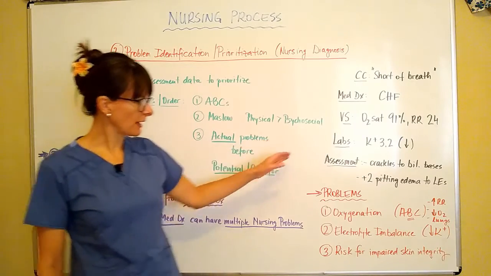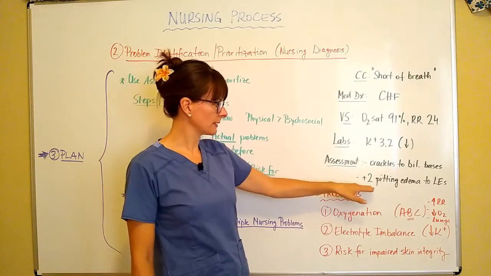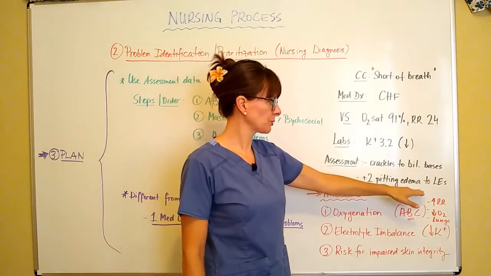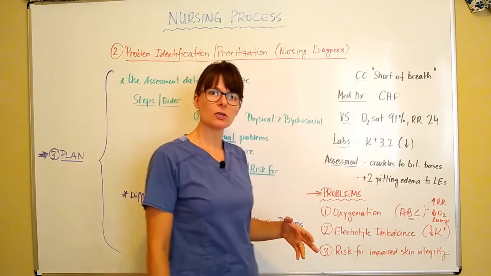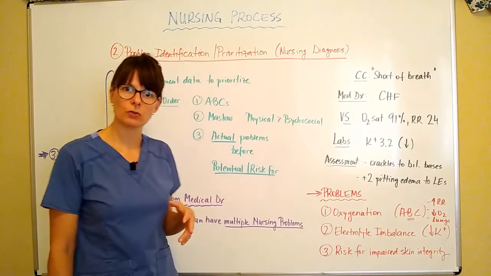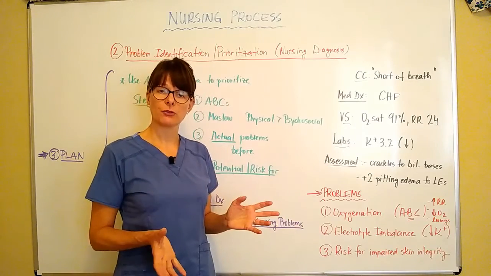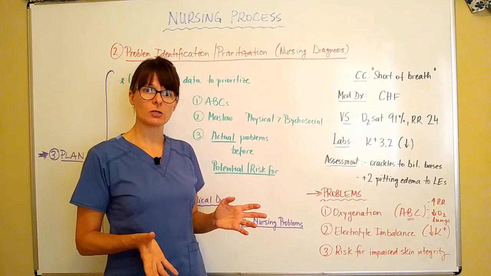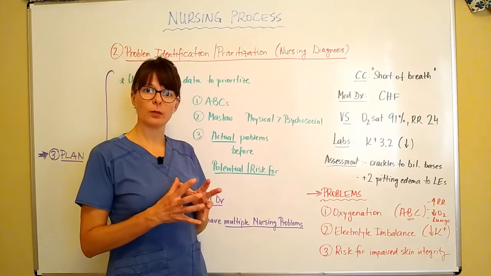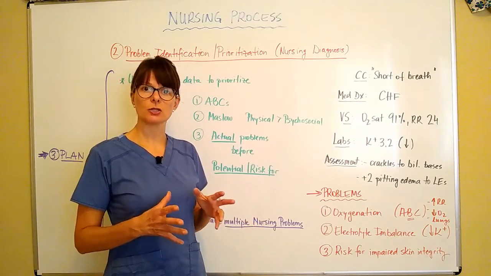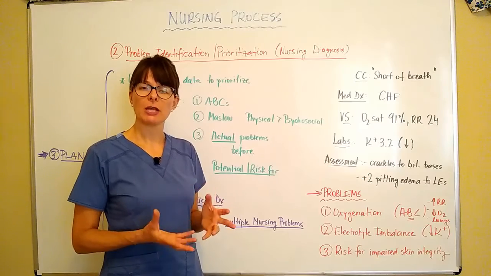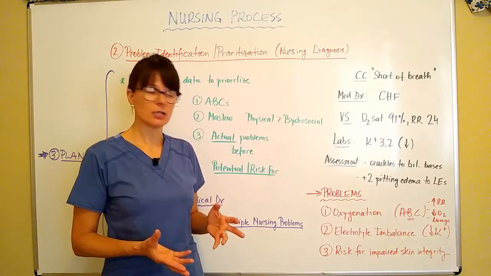The third abnormal thing I have here is that the patient has +2 pitting edema to the lower extremities. Certainly I'm going to have to assess the patient in greater detail and do a thorough skin assessment on these lower extremities. But I know that when fluid is in the interstitial space of the legs, the patient is at risk for impaired skin integrity.